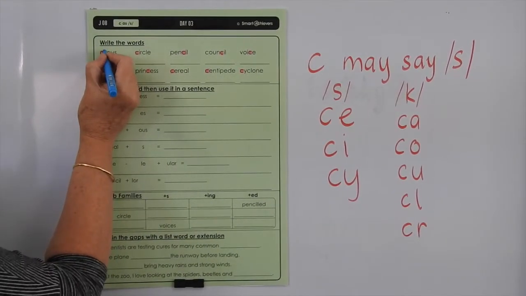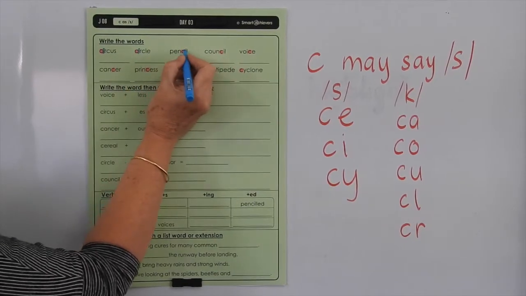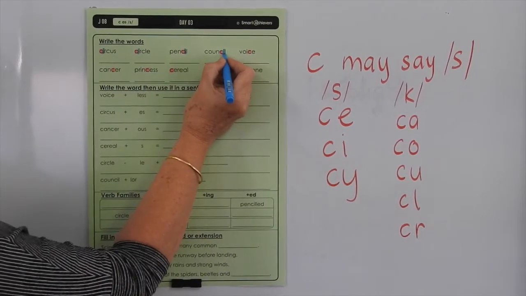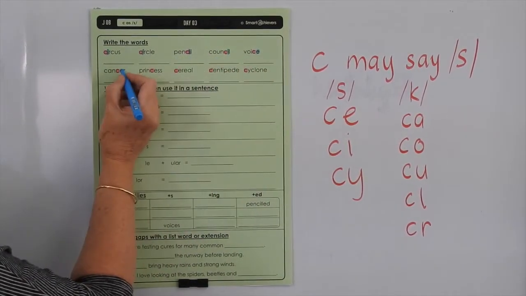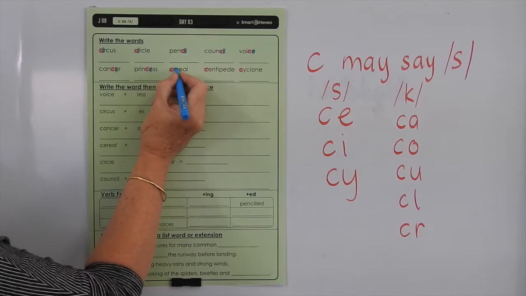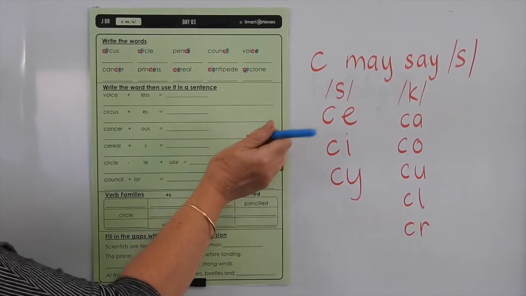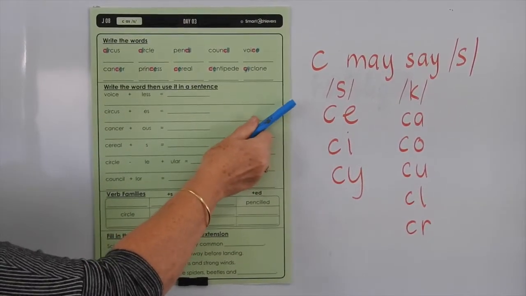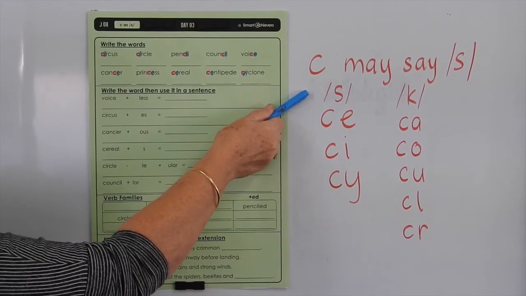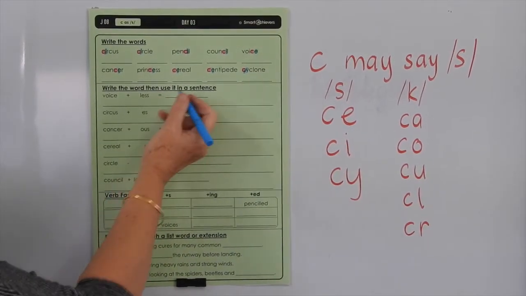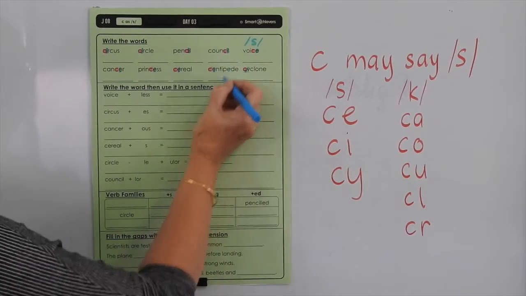So circus, it's where you hear that sound. You've got an I following the C. Here you've got an I following the C, and here it's an E following the C, E, E, E, and a Y. So we know that when we have an E, an I, or a Y after a C, it's going to say S. And we like to use this as the sound at the end of a word.